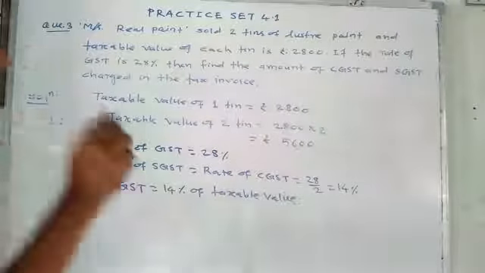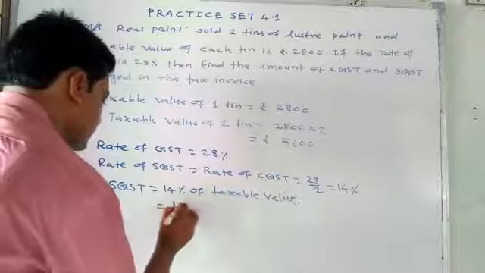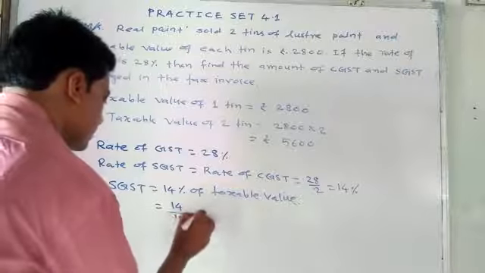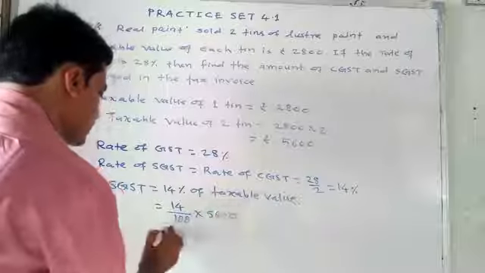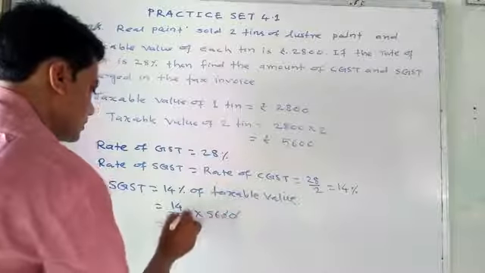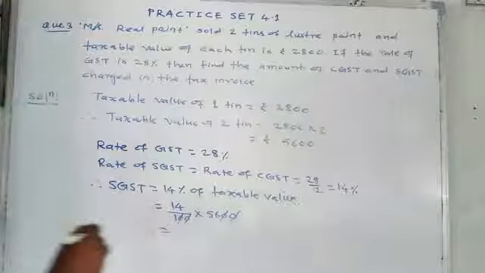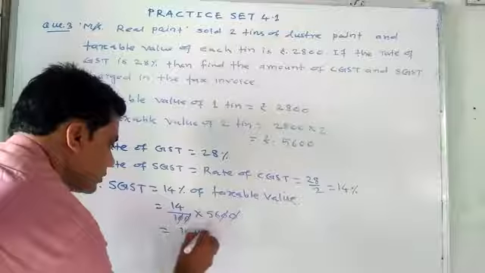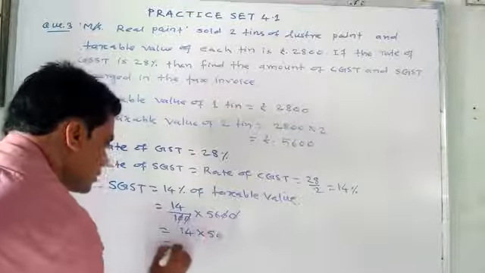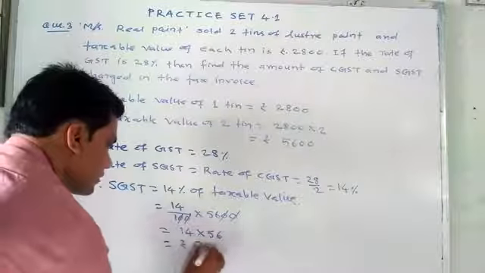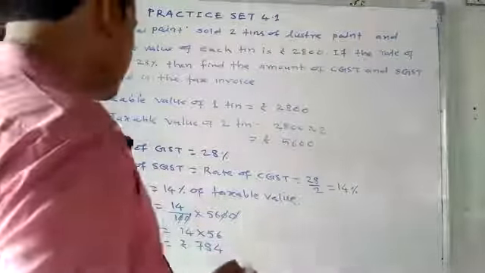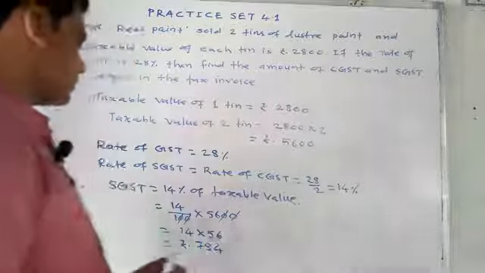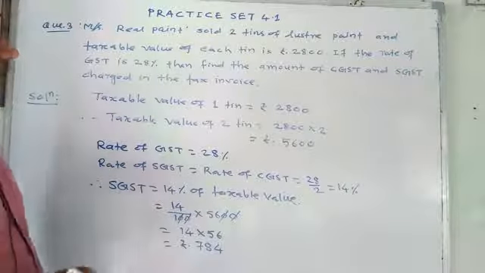So 14% of 5,600. The zeros get cancelled. Means 14 into 56, we have to multiply, 14 into 56 is rupees 784.